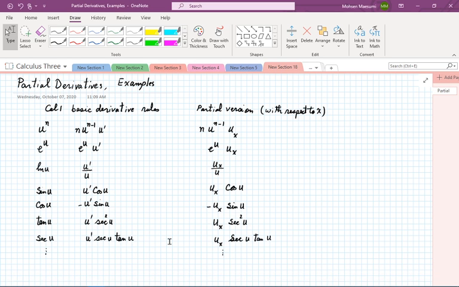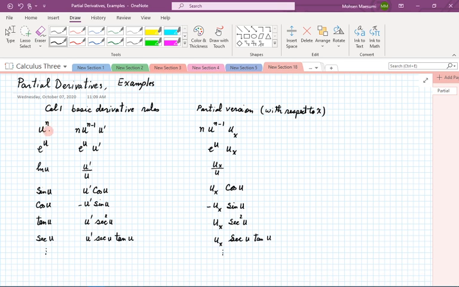On this page, I've written some formulas that you are familiar with from Calculus 1. So the derivative of an expression to some power, in this case n is supposed to be a fixed number.